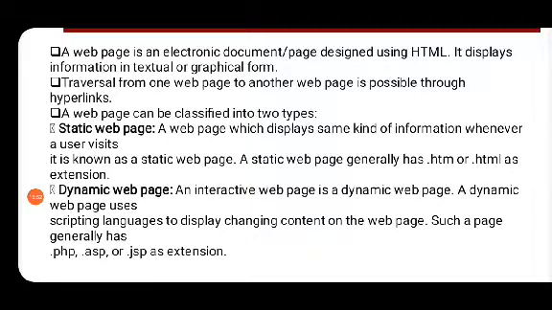But a dynamic web page is an interactive web page, and a dynamic web page uses scripting languages that we will be learning, that display the content changing, and such pages have .php, .asp or .jsp as extension. I hope the difference between static and dynamic you have understood.